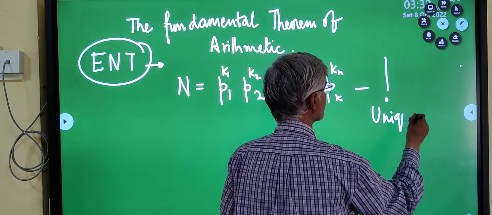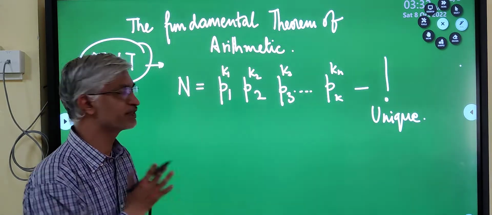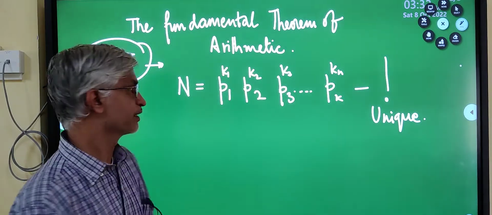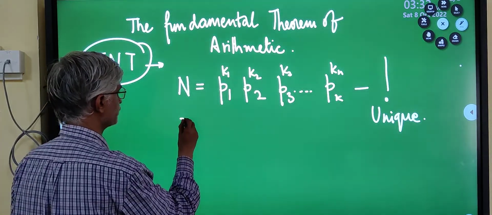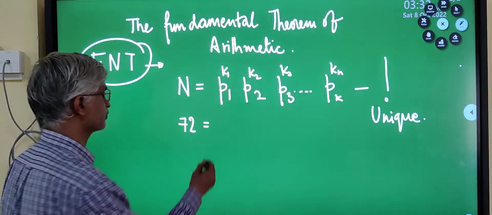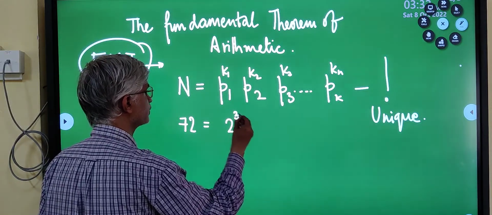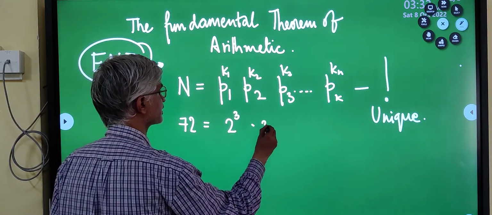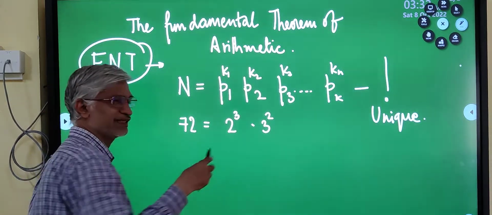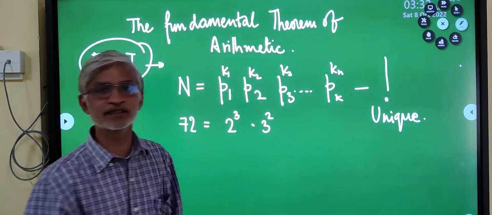Now, we shall not worry too much about the proof, but we'll go ahead and see how the simple, nice fact plays a role in elementary number theory. So, just to give you an example to get used to it, suppose the number is 72, then this you know is 8 into 9, but 8 can be written as 2 cube and 9 can be written as 3 square, and therefore, it is usual practice to put the numbers in increasing primes.